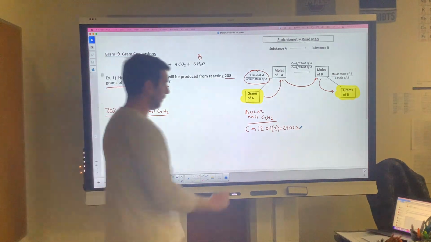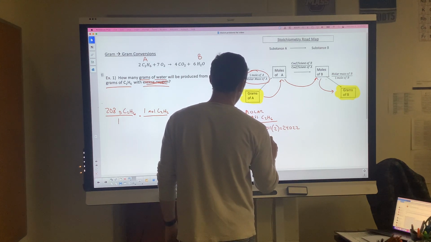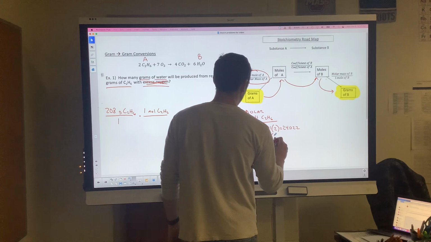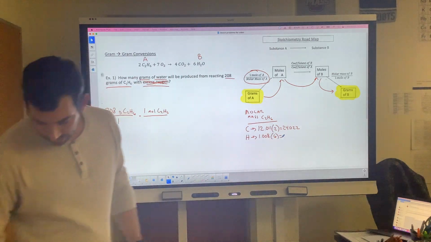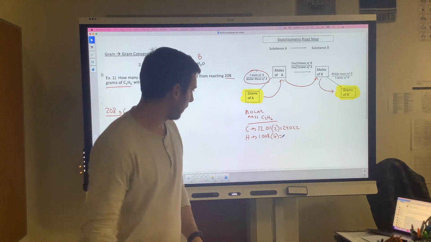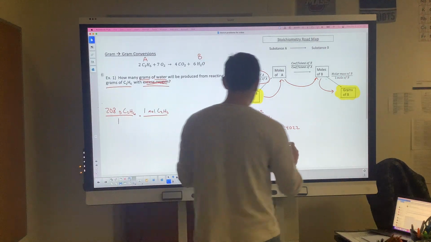We'll take hydrogen, find its molar mass, which is 1.008, and multiply it by 6. I forgot to do that calculation. That will give us 6.048.